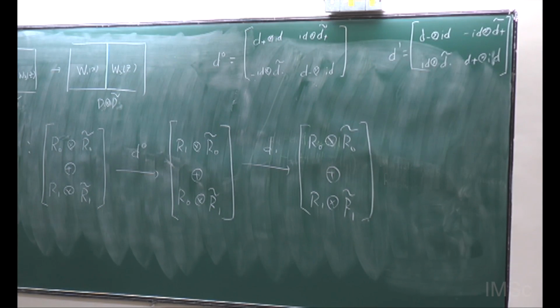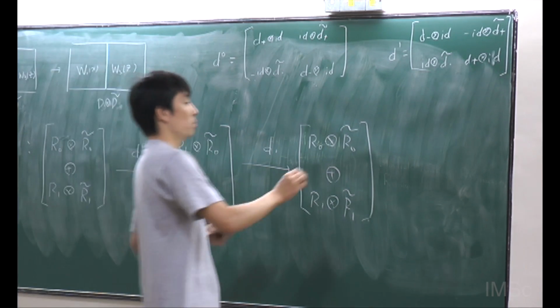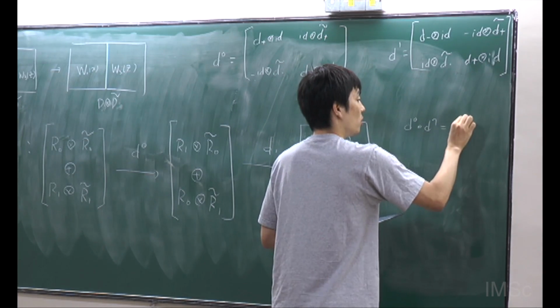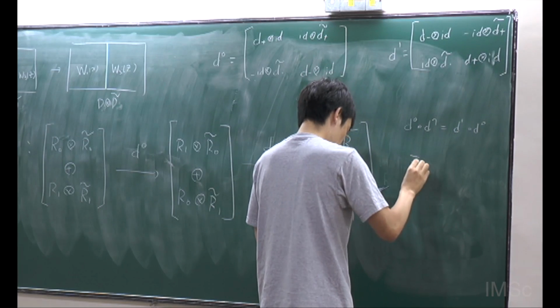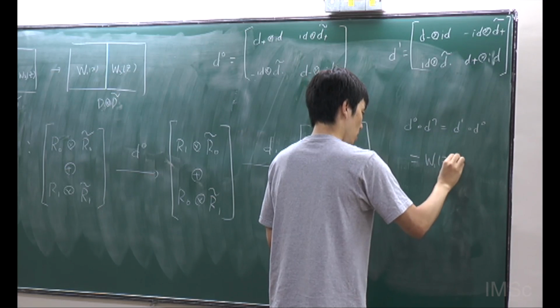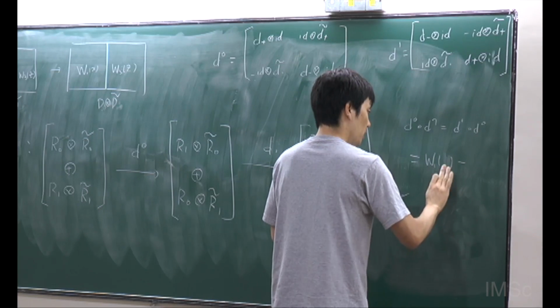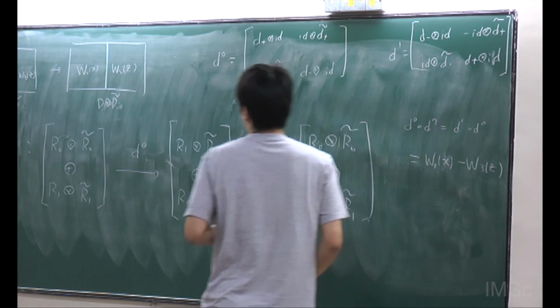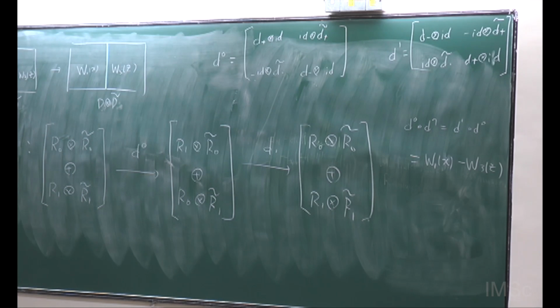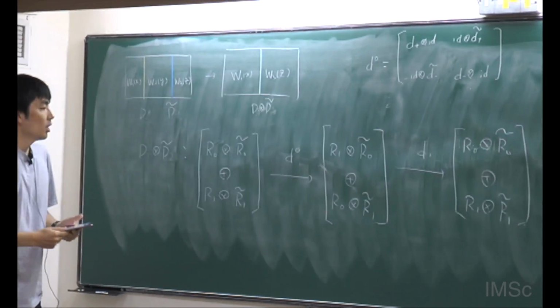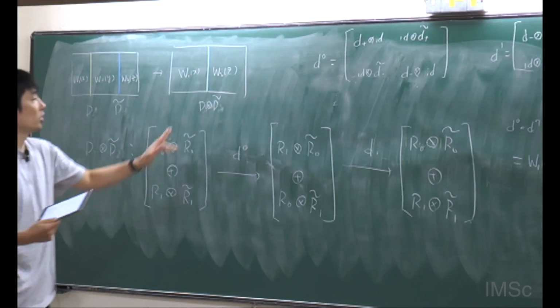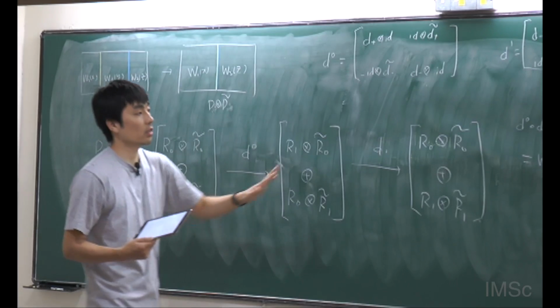If you define the maps this way, then d0 composed with d1 is equal to d1 composed with d0, which is given by W1 of X minus W3 of Z. So even if you take the tensor product, which is a fusion of defects, you get another new matrix factorization which describes the new defect.